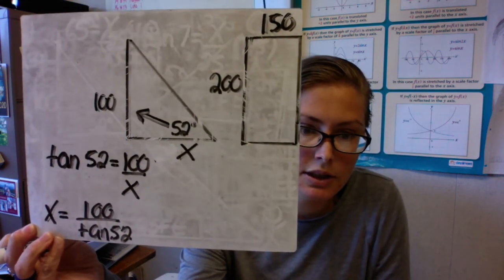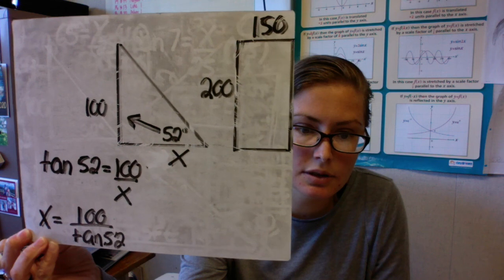So x is equal to 100 divided by tan of 52. Plug that into the calculator. And we get that x is equal to 78.1 yards.